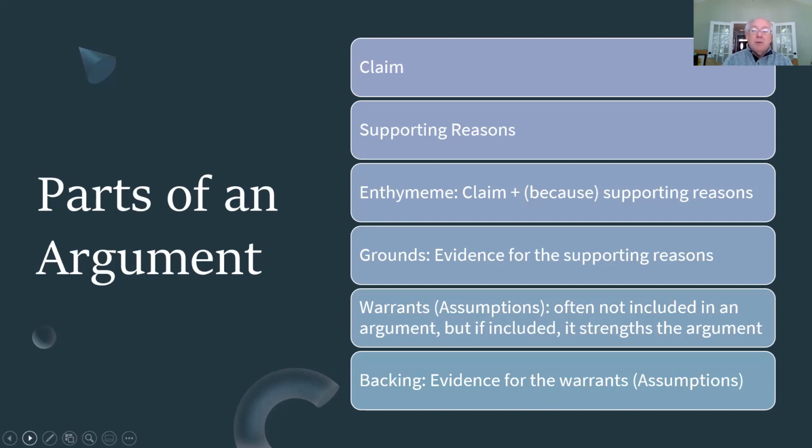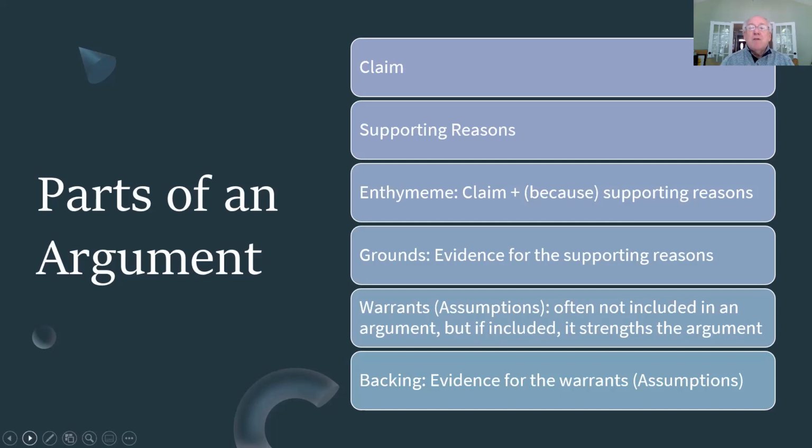They called it an enthymeme. An enthymeme is where you make a claim, you stick the word because in there, and following the word because in the sentence, you just state the supporting reasons. And I'll give some examples of that in just a few minutes.